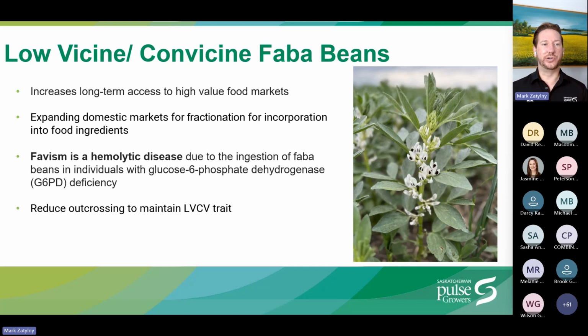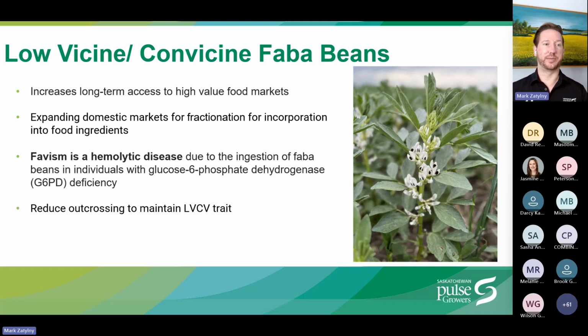One of the things to recognize with this trait is faba beans in general are very prolific with their outcrossing. So if you're growing two different varieties side by side, they will outcross with each other, muddling the outcome of the crop.